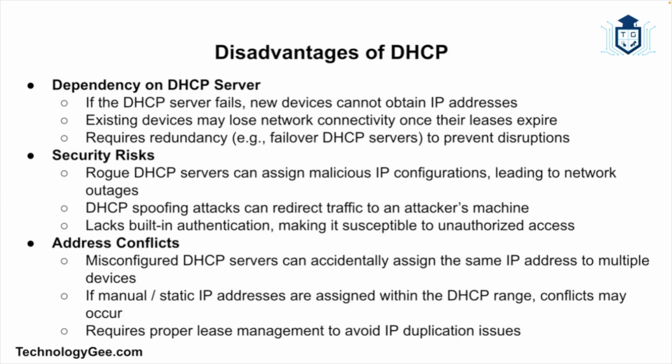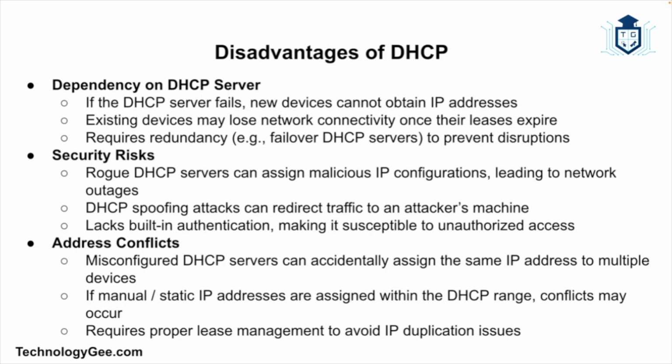Now, despite its advantages, DHCP does have some limitations and potential drawbacks. The first one is dependency on the DHCP server. If the DHCP server becomes unavailable, new devices will not be able to get a new IP address, and existing devices may lose network connectivity when their lease expires. Then there are security risks.